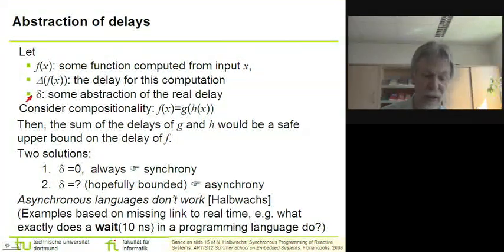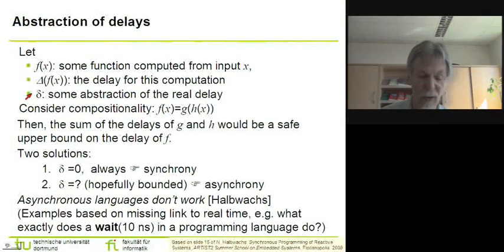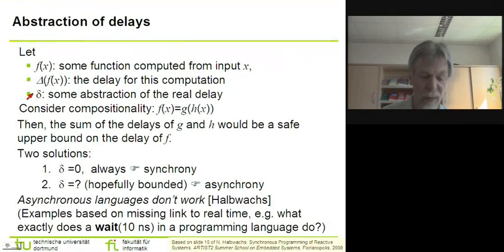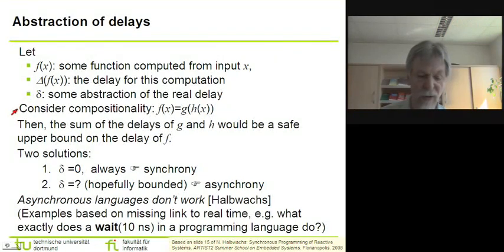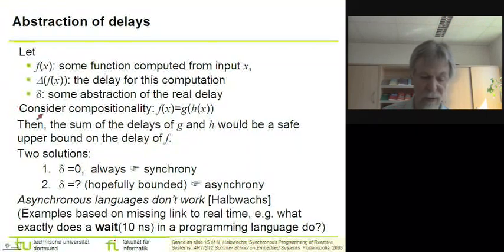Now instead of dealing with the real delay, we are typically happy if we can deal with some abstraction of the real delay, because the real delay may be very difficult to compute. So therefore, instead of working with capital delta, we work with lowercase delta. And then we are considering the composition of components of embedded systems.